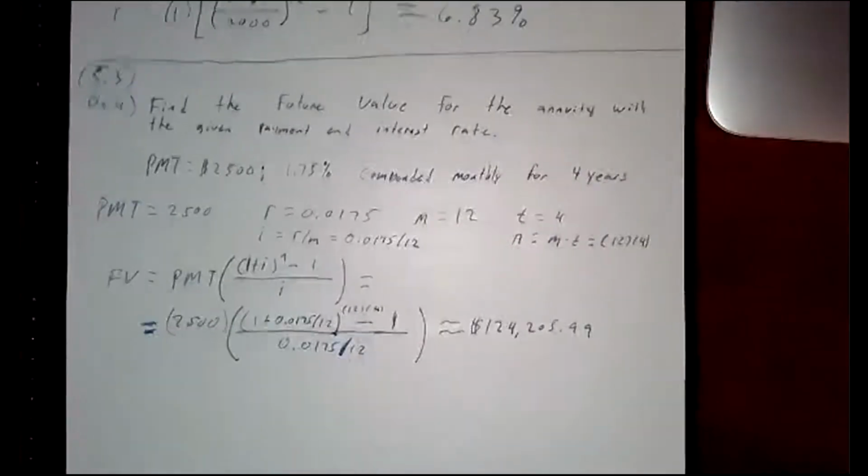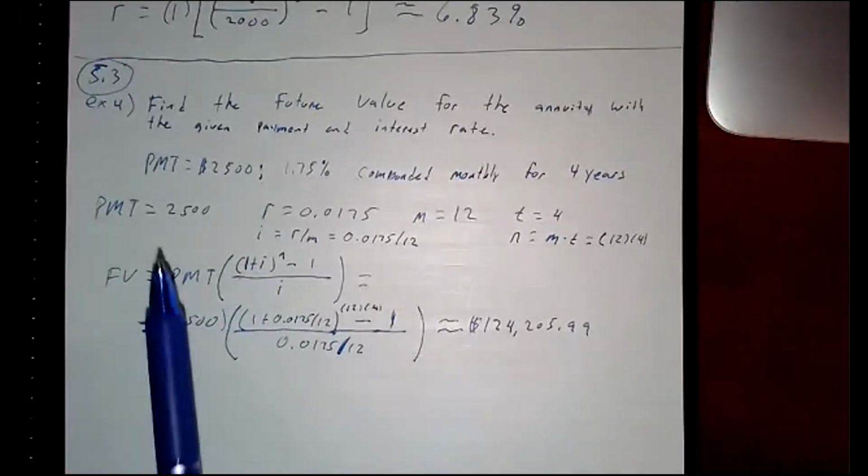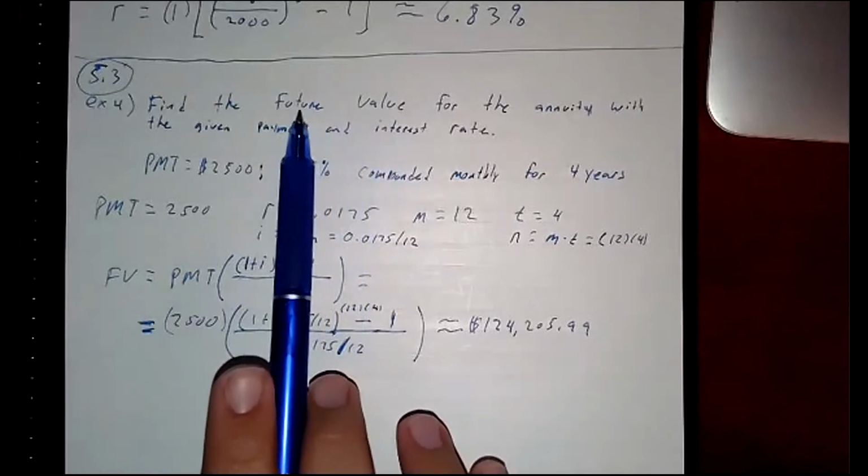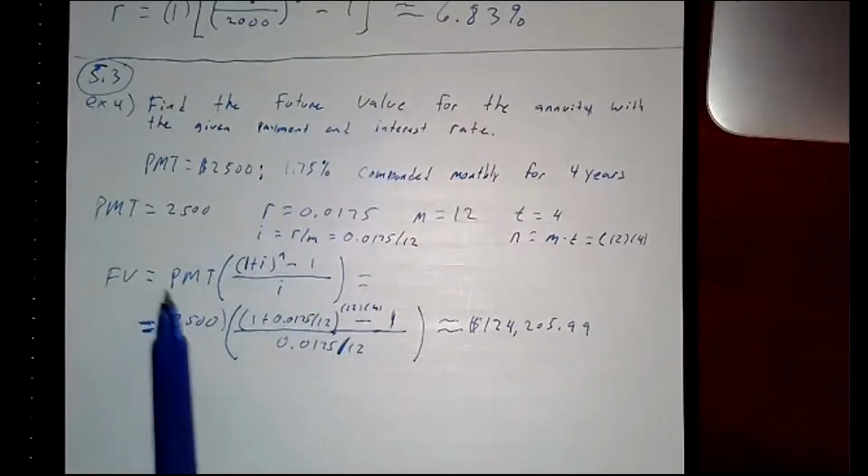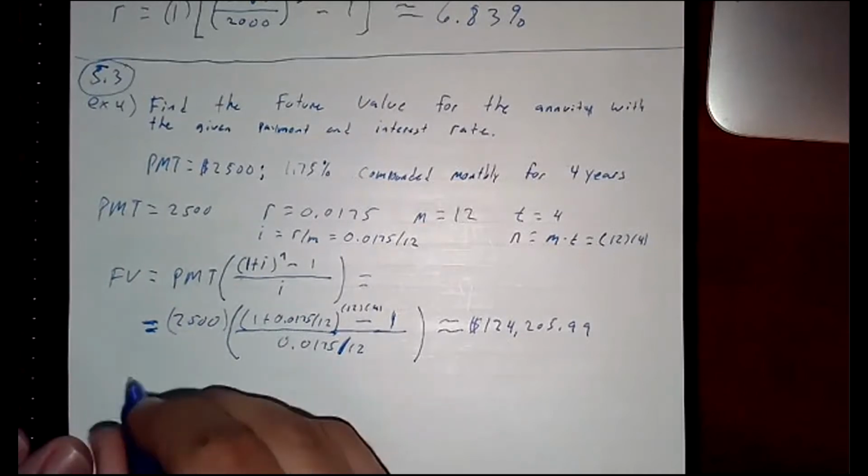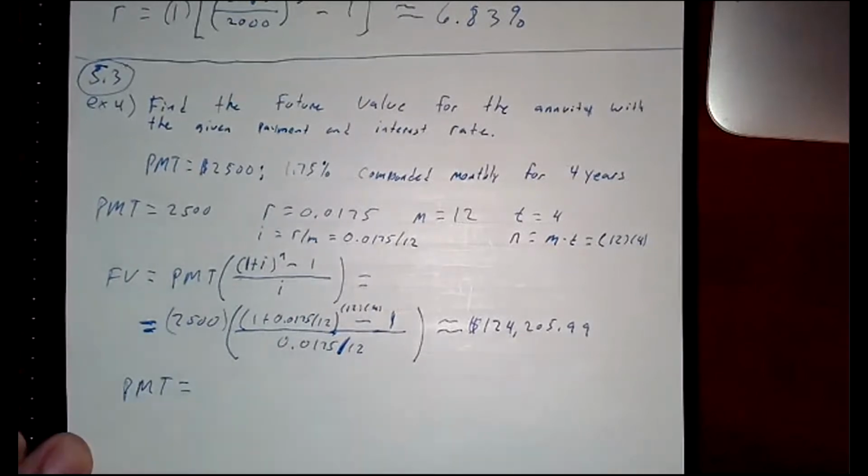Now 5.3, you'll be doing annuities, finding the future values of annuities and possibly the payments. So remember, there's a different payment formula for future value.